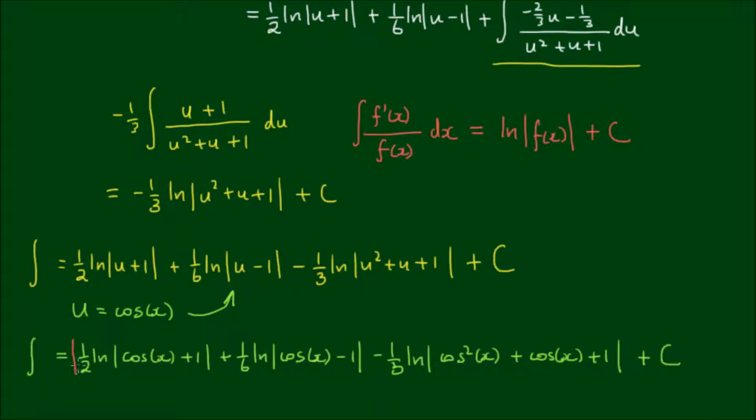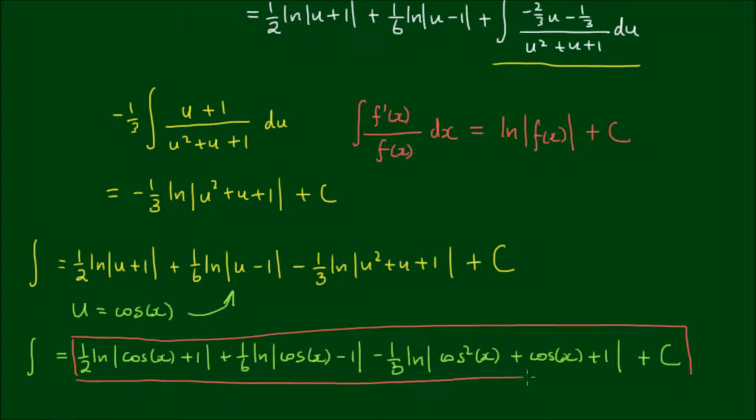And wow, this is the final solution that we were looking for. And please satisfy yourself that this is the integral of the cotangent of x divided by the cosine squared of x plus cosine x plus 1 by performing the derivative of this result.